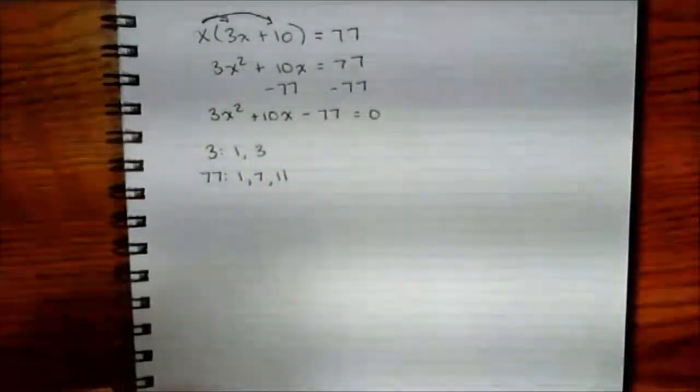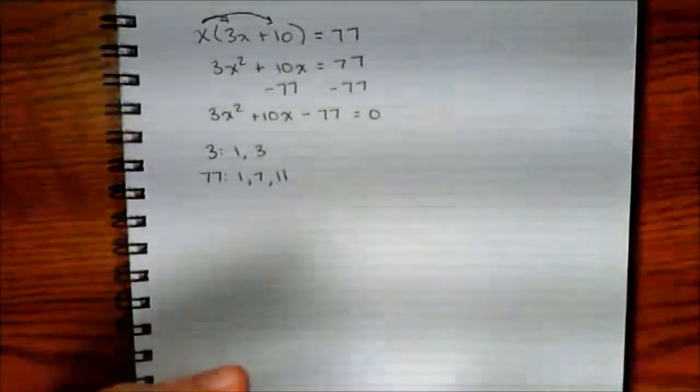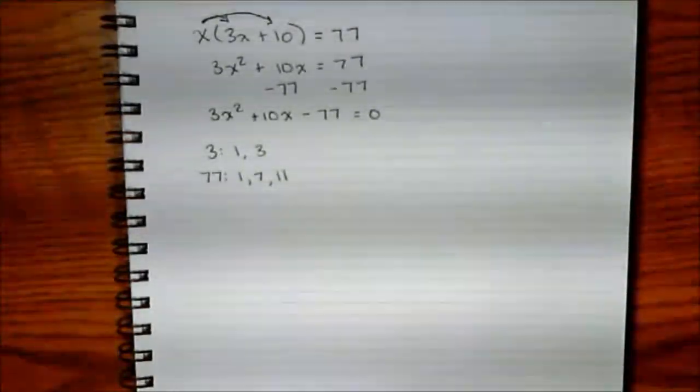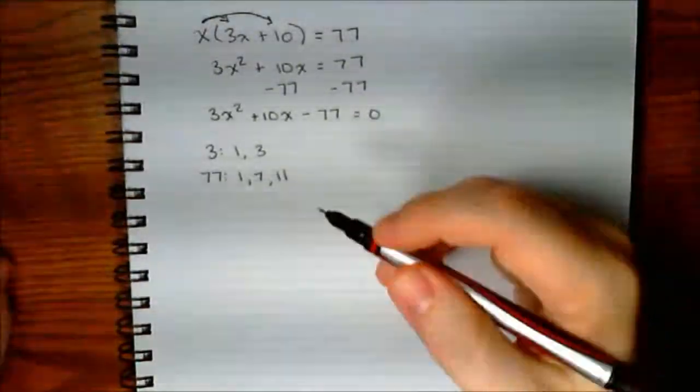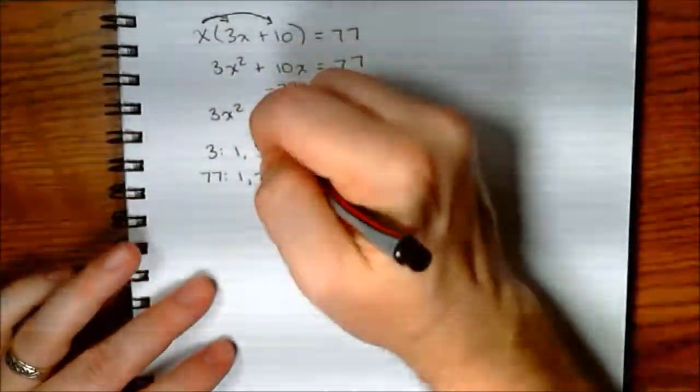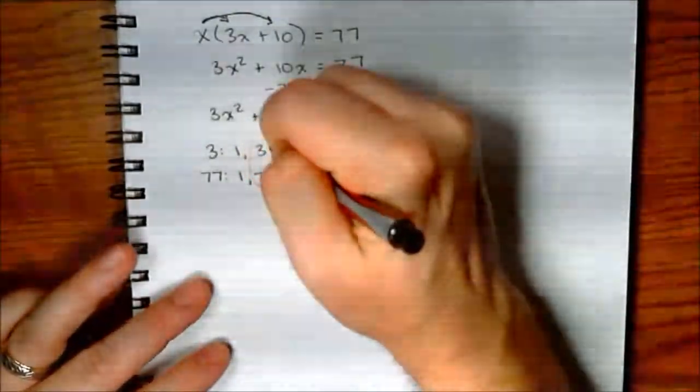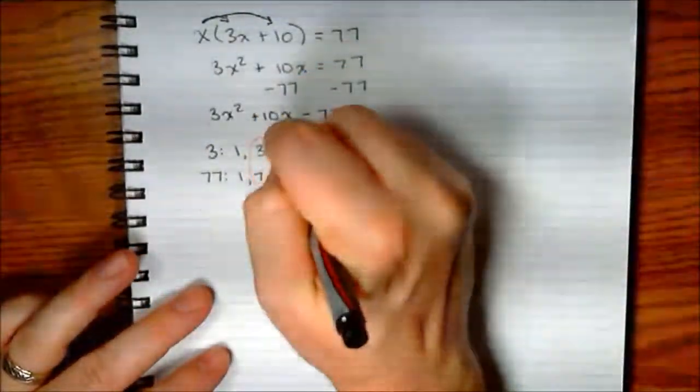So the goal here is to use the FOIL principle in reverse to discover the multiplication of the two inner factors added to the multiplication of the two outer factors. And careful observation of these factors reveals that 7 times 3 gives us 21.